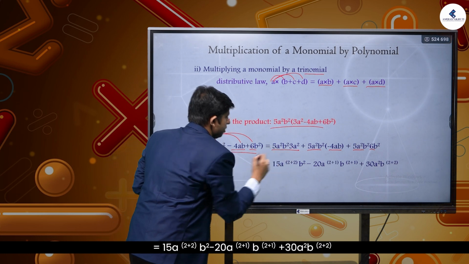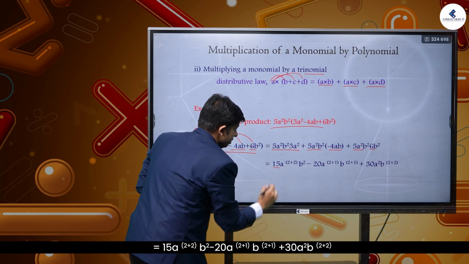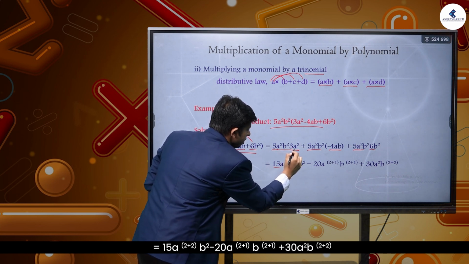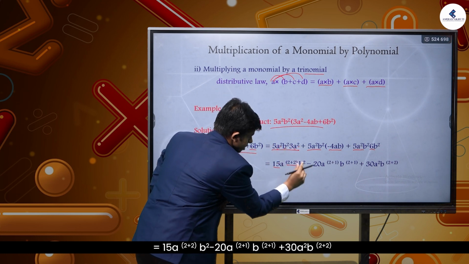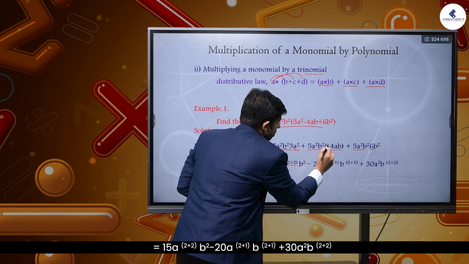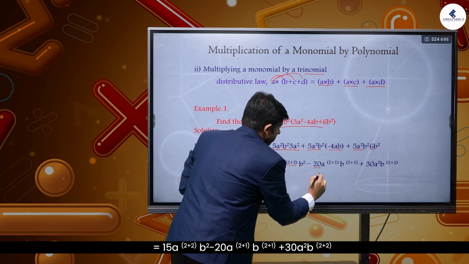Equals, we get 15a to the power of 2 plus 2 b square minus 20a to the power of 2 plus 1 into b to the power of 2 plus 1 plus 30a square b to the power of 2 plus 2.